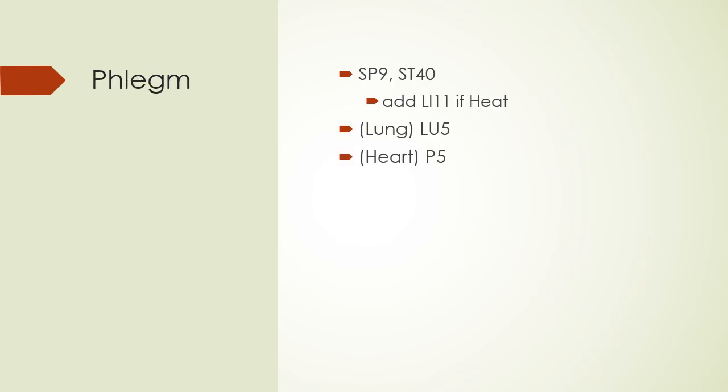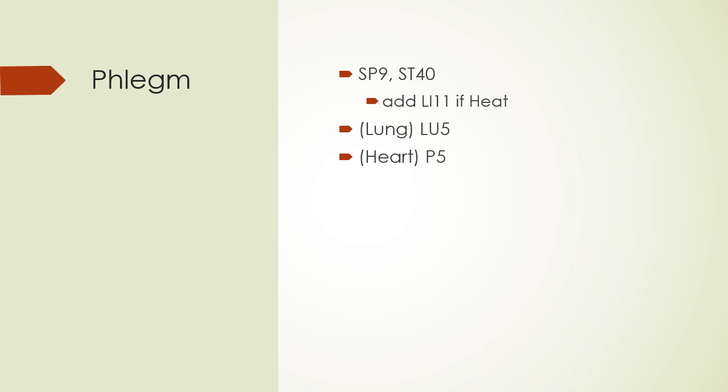Phlegm is a secondary pathogen, which is to say that it arises due to the influence of other pathogenic factors. Phlegm typically, although it can go anywhere in the body, resides in a few key areas. The stomach and lung are said to be the containers of phlegm, and additionally, phlegm can obstruct the heart, leading to problems of communication and cognition.